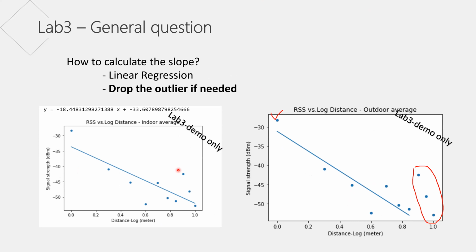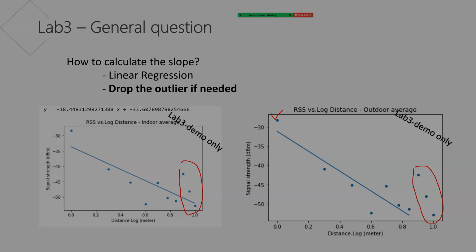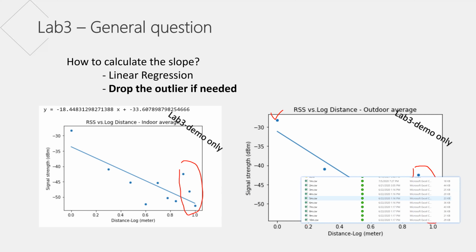So sometimes we will make some mistakes in our data collection step. That's okay. For example, here, when I tried to capture all the data at the longest distance, you can see my data set is 1 meter, 2 meters, 3 meters, 4 meters, 5 meters, and 10 meters, right?